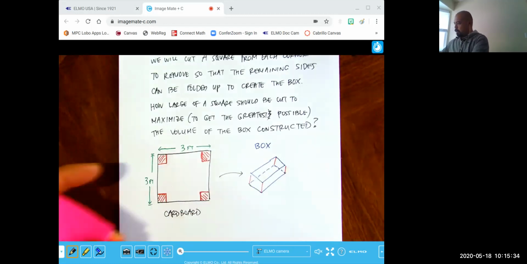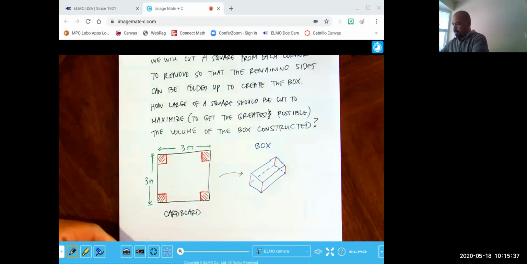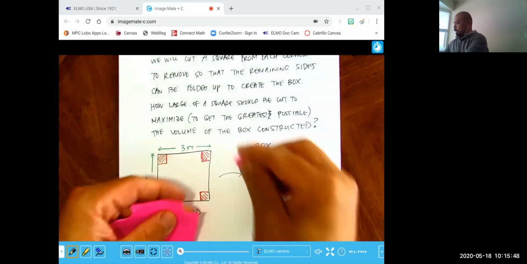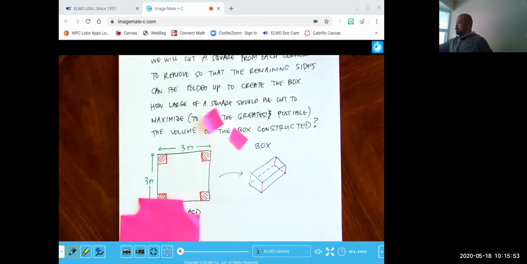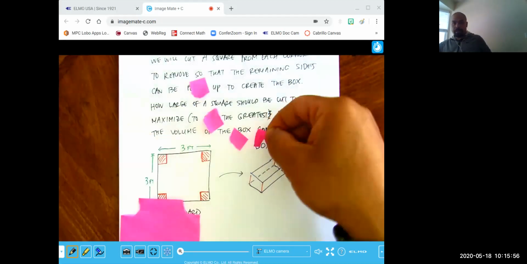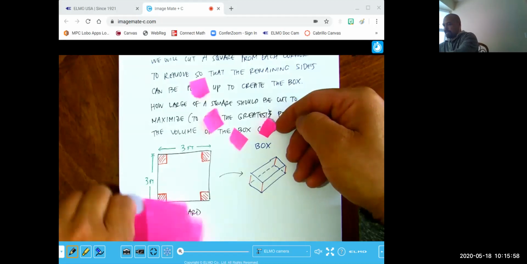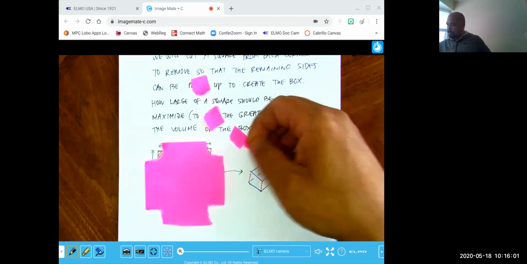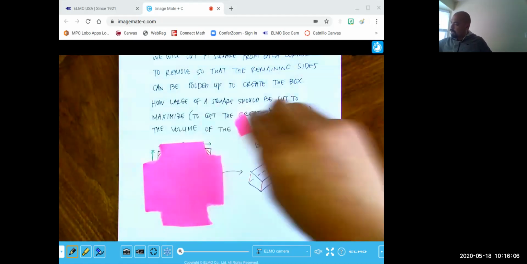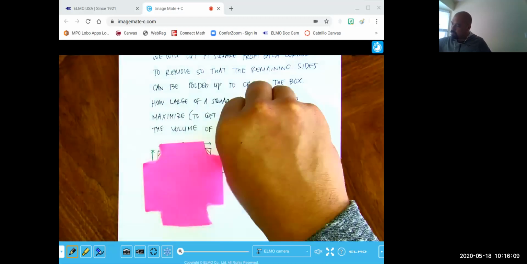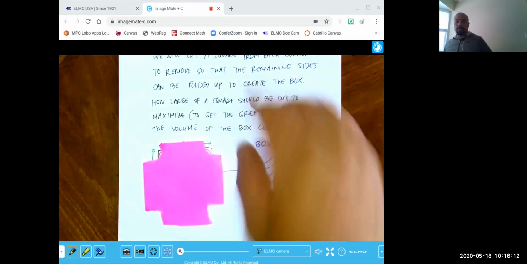There's one corner, 2 corners, 3 corners, all right, 4 corners. So you can see, as best I could, there's my 4 corners that I've chopped off of my square cardboard.